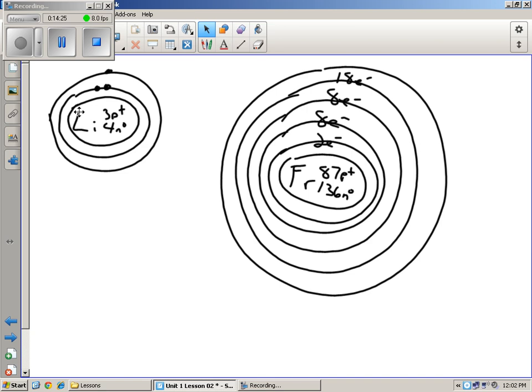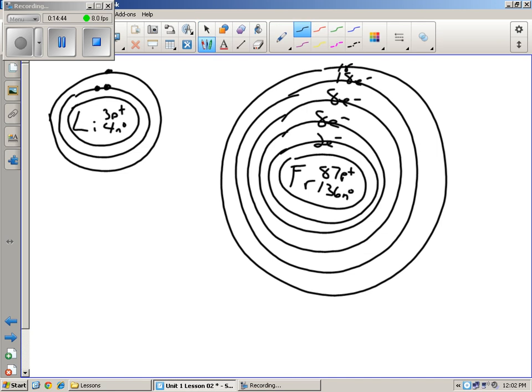There's 32. How many do I need in the next one to represent francium? 1. Because francium's the first one over. See? Now, let's go write that down here. What did I say? 18.